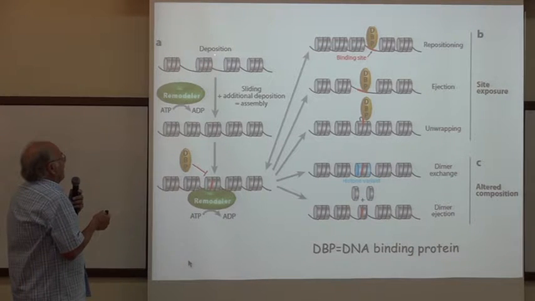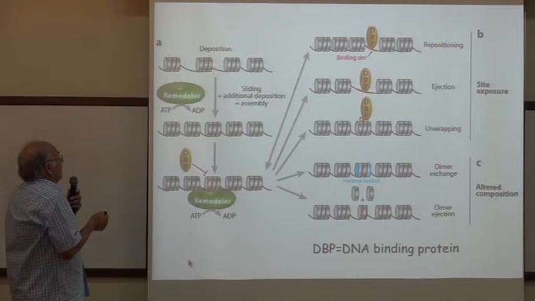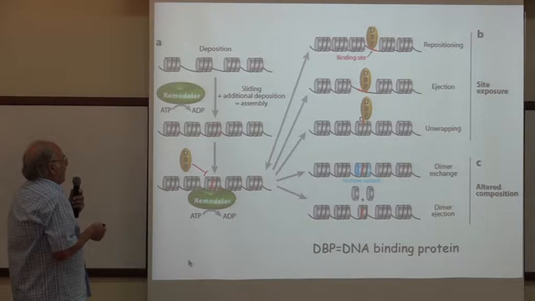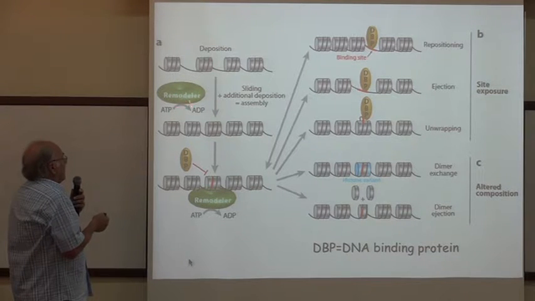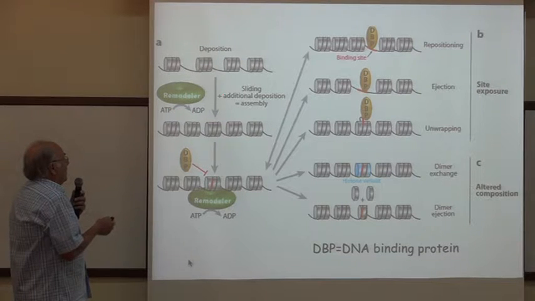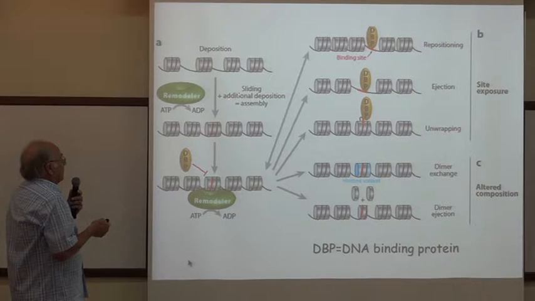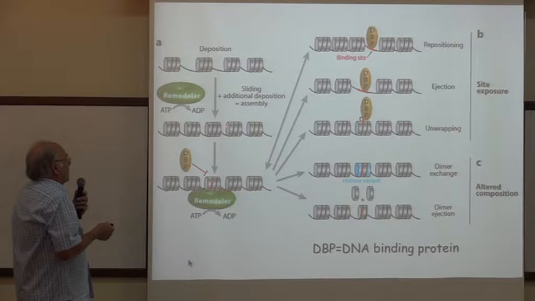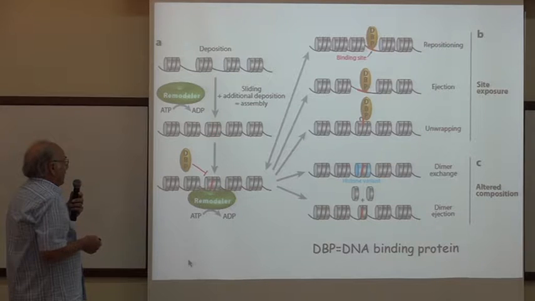So here is how you deposit a new nucleosome onto the DNA, and there are remodeling proteins involved in this using ATP. So you're pushing these nucleosomes a little bit apart to add another one.